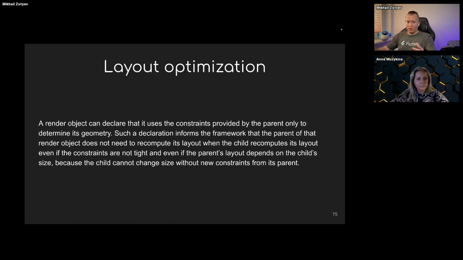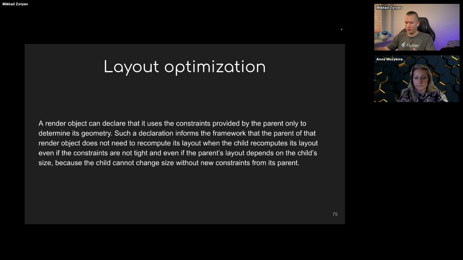And the last optimization is quite the opposite of the case when we discussed that the parent asks the child to calculate layout and says, does it depend on the size of the child or not?